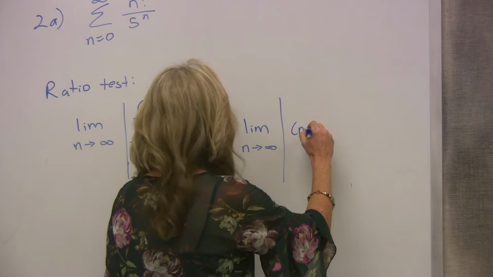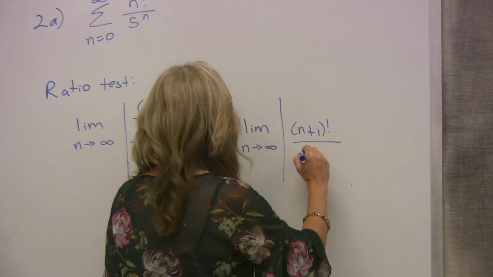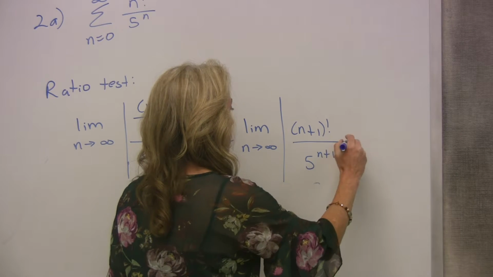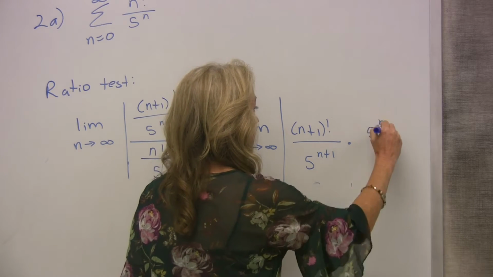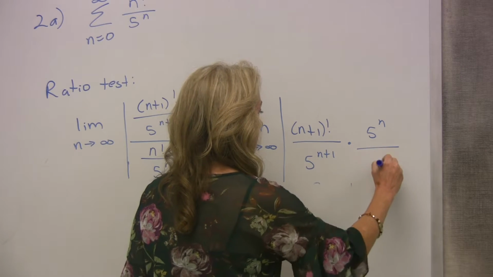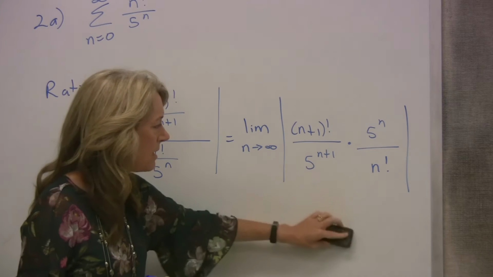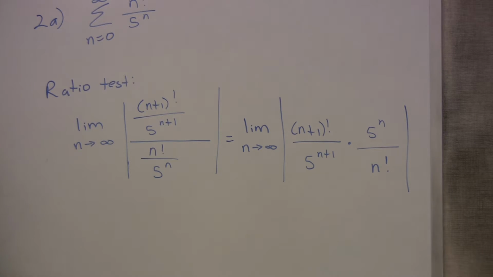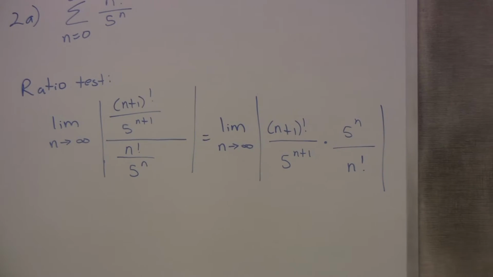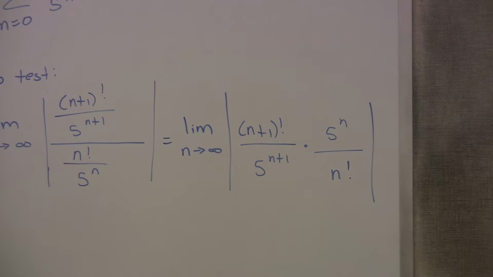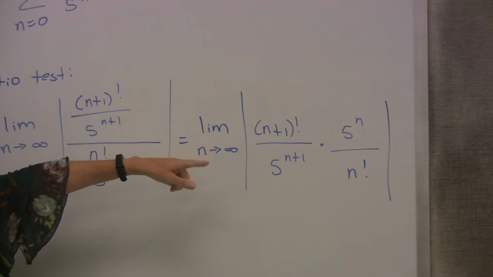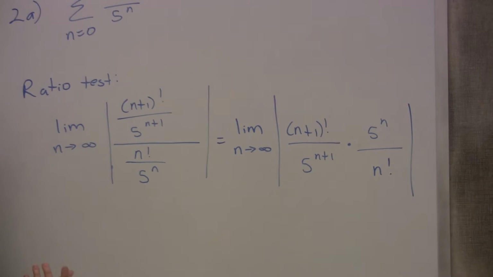So that's n plus 1 factorial over 5 to the n plus 1 times 5 to the n over n factorial. Now I have these absolute value signs on here, but I can recognize that nothing there is negative ever. So if you just want to drop them when you don't need them, you're totally fine doing that. Everyone agree that we don't need the absolute value sign because everything was already positive?